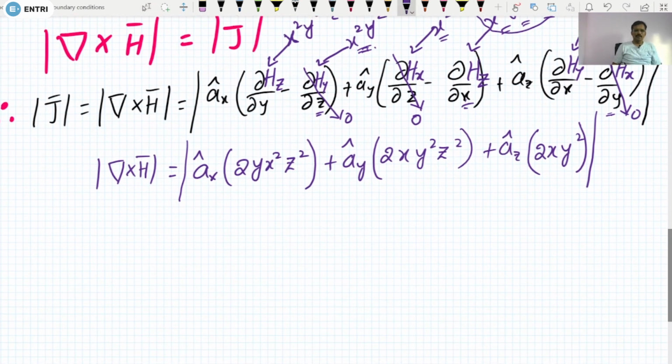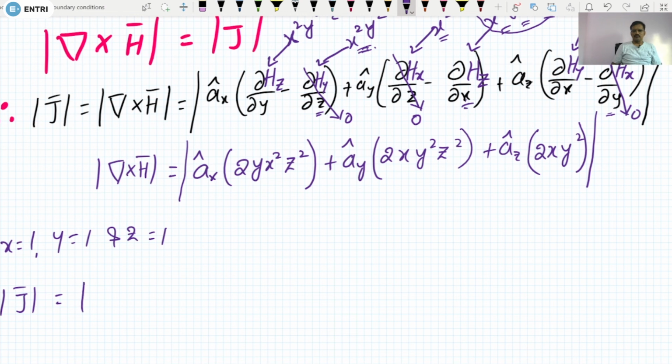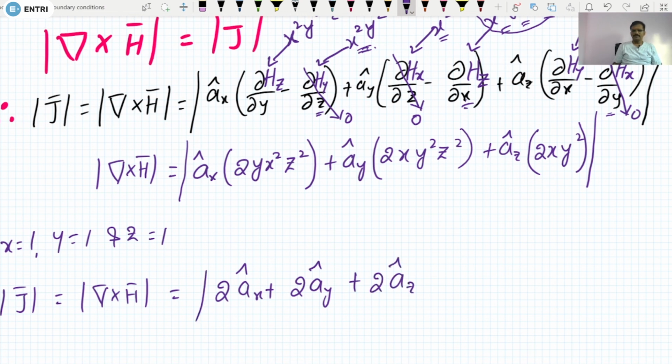So at x equal to 1, y equal to 1 and z equal to 1, magnitude of z bar is equivalent to magnitude of curl of h bar, which is equivalent to 2ax cap plus 2ay cap plus 2az cap. So you have to determine its magnitude.